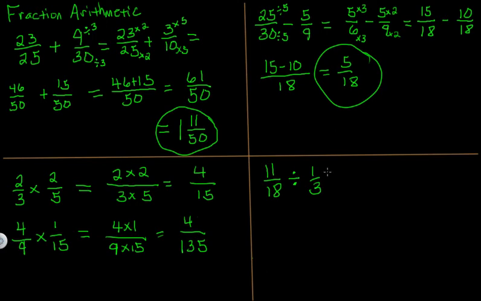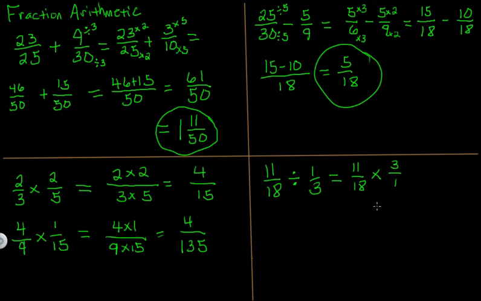The reciprocal of a fraction is flipping it upside down. To find the reciprocal of any fraction, we take the numerator and put it in the denominator, and take the denominator and put it in the numerator. So if I take this division problem and change it into multiplication, I change the division sign into multiplication, and then I take the reciprocal of 1/3, which would be 3/1.